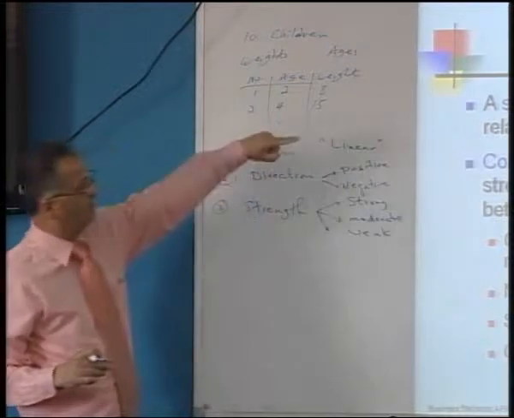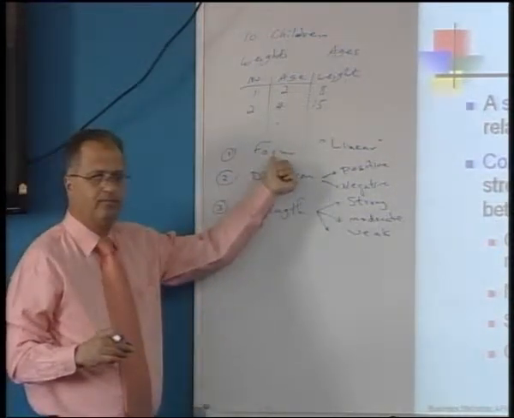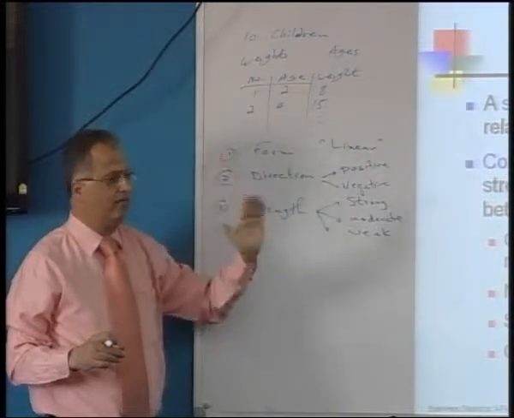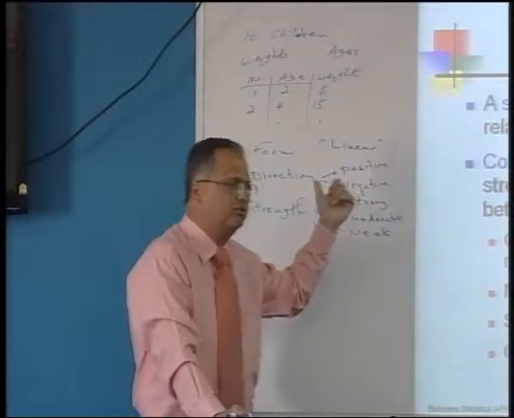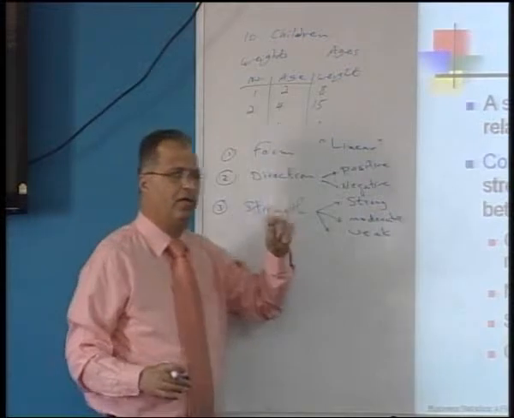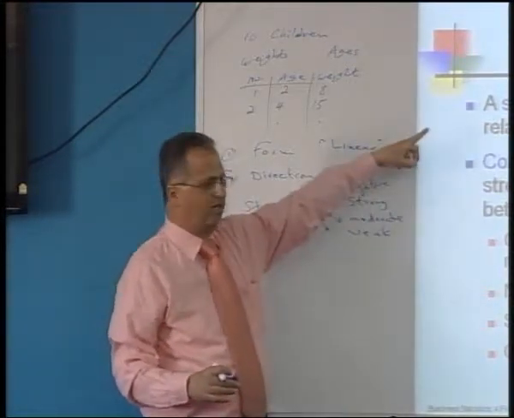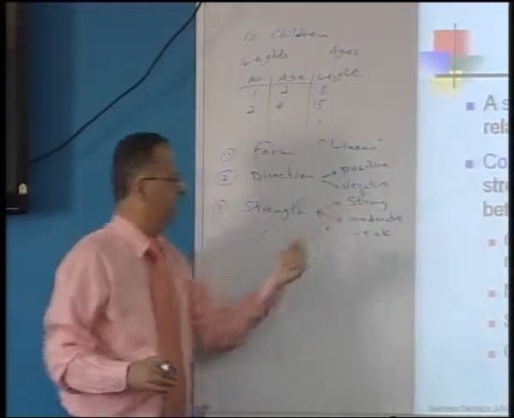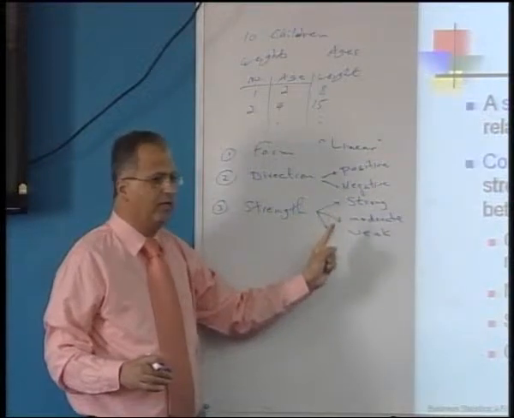So by using a scatter plot, we can determine the form, either linear or non-linear, but here we are focusing on just linear relationship. Also, we can determine the direction of the relationship. We can say there exists positive or negative based on the scatter plot. Also, we can know the strength of the relationship, either strong, moderate, or weak.